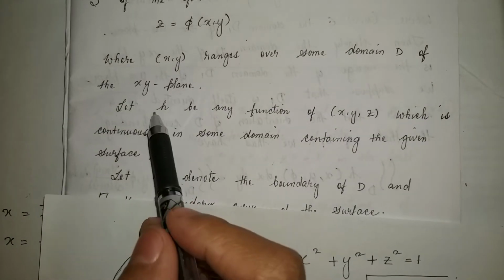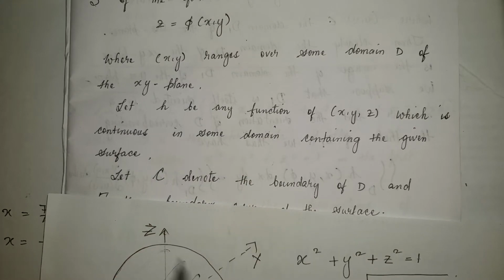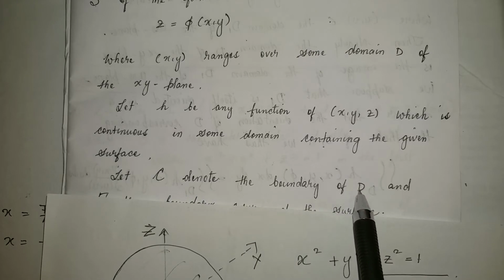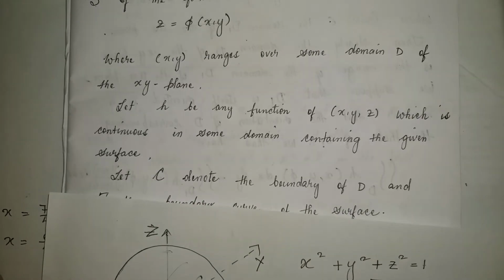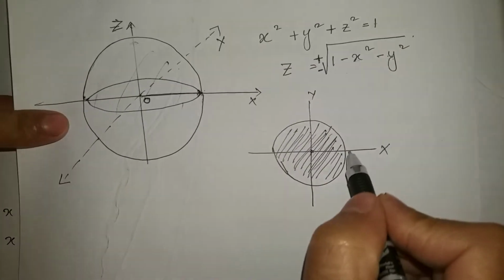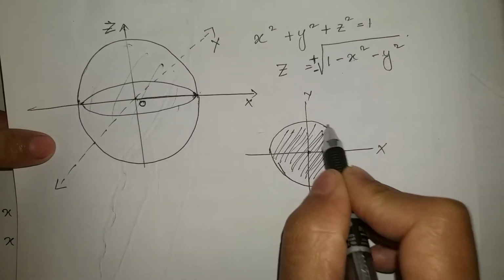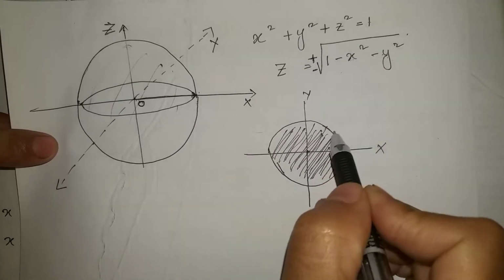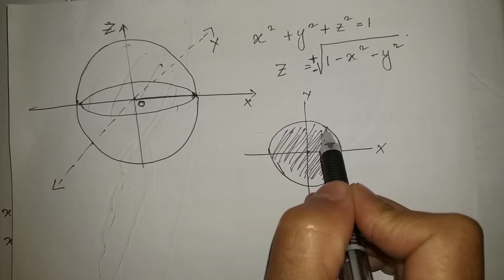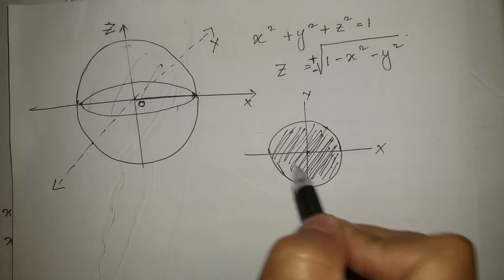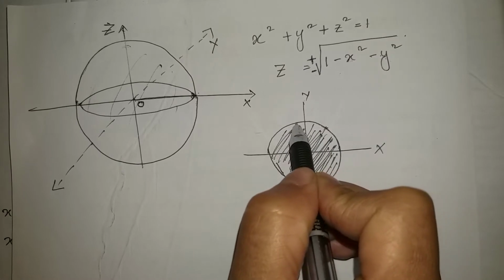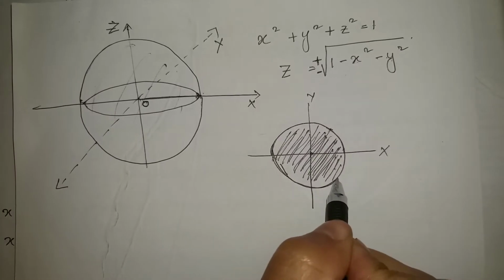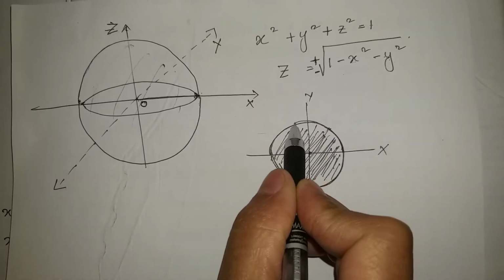Okay, let's forget about h for some time. Now C denotes the boundary of D. D, remember, is in the xy plane. The boundary will be a unit circle. D is the whole disk, and the boundary C, the boundary of this disk, will be this unit circle.